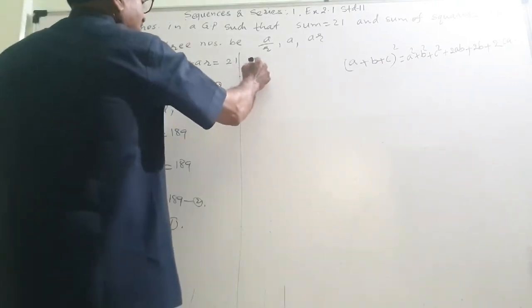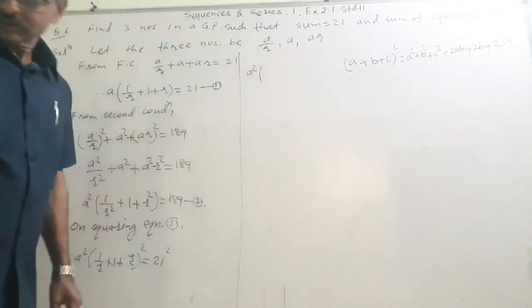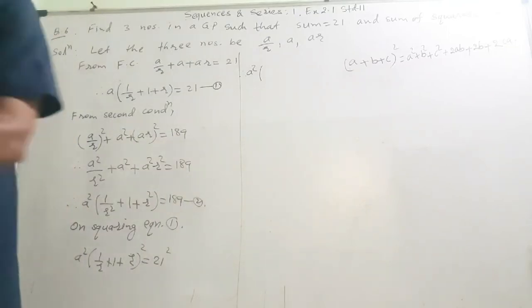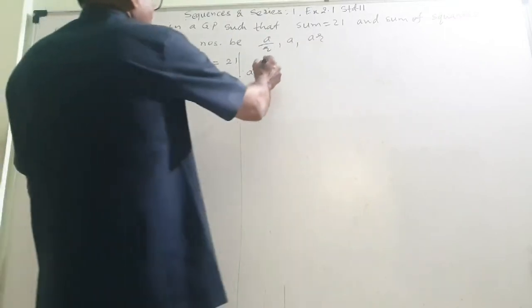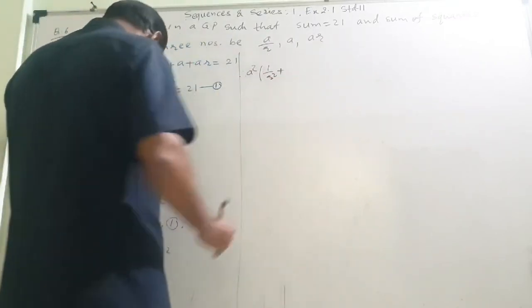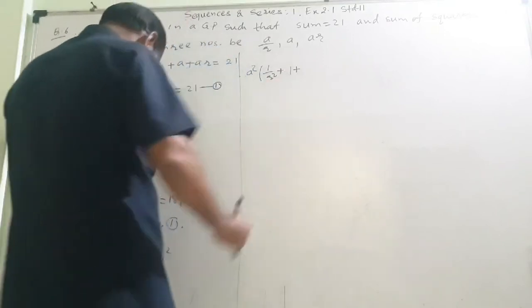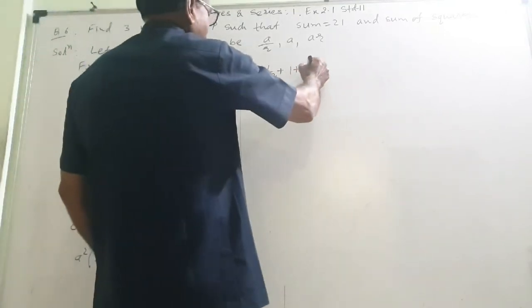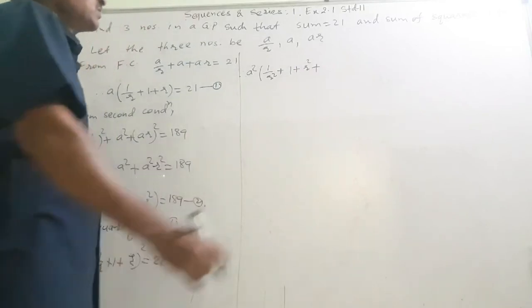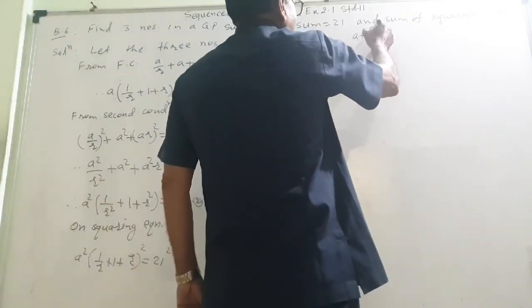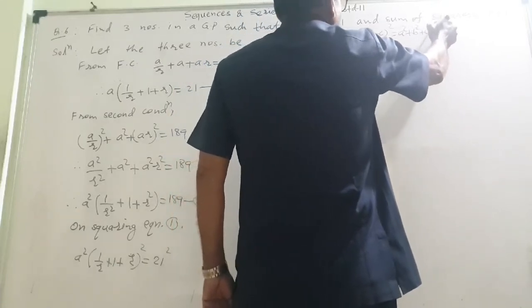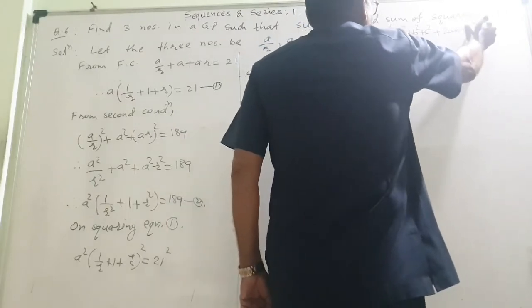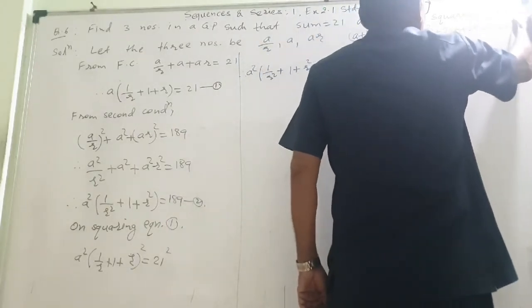Therefore, A square into bracket, I am going to rub that formula now. 1 upon R square plus 1 square is 1 plus R square plus. See this, for you I am just once again writing: A plus B plus C bracket square is equal to A square plus B square plus C square plus 2AB plus 2BC plus 2CA. This was the formula.